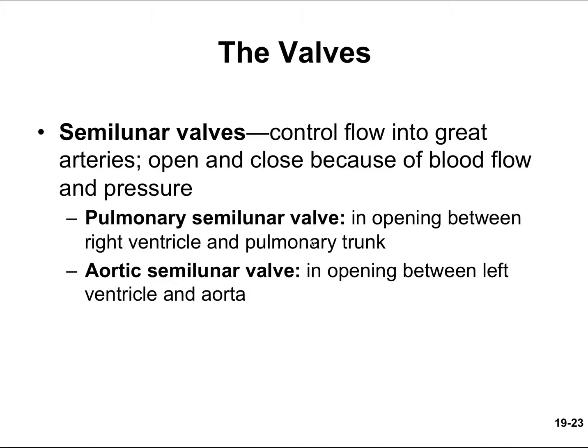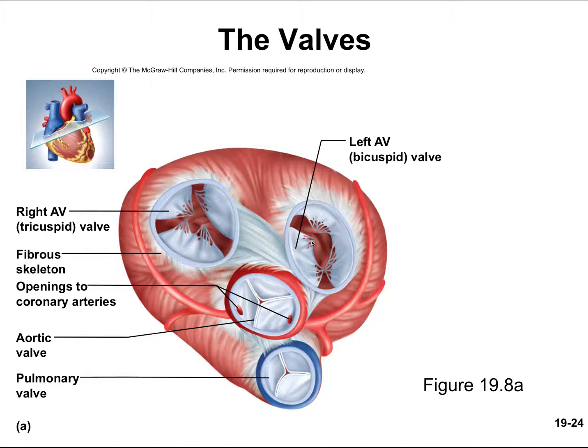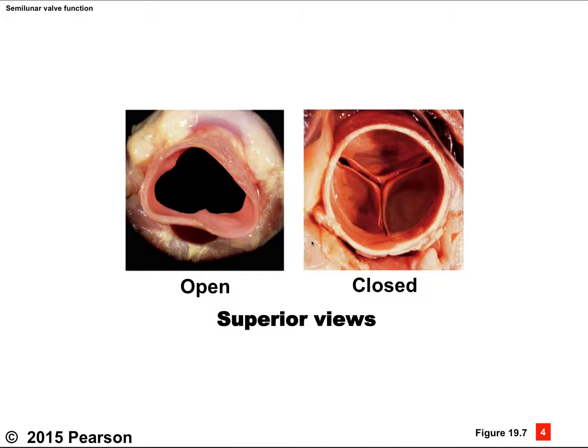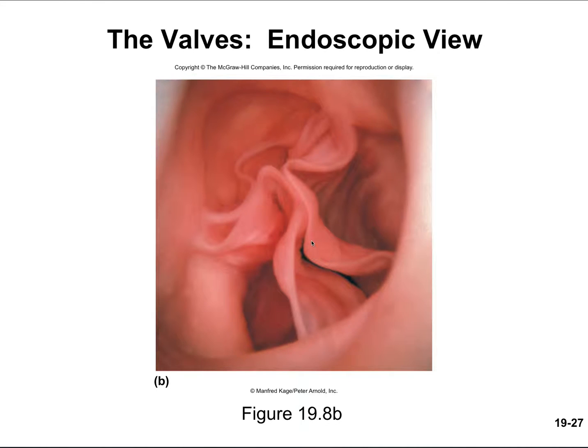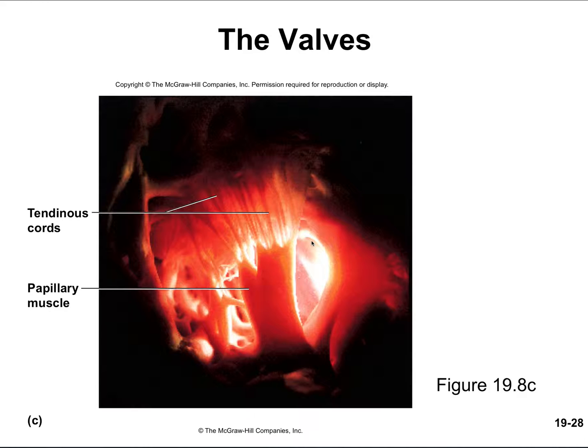The pulmonary semilunar valve is in the opening between the right ventricle and pulmonary trunk, and the aortic semilunar valve is the opening between the left ventricle and aorta. Notice the tendinous cords connecting the papillary muscles.